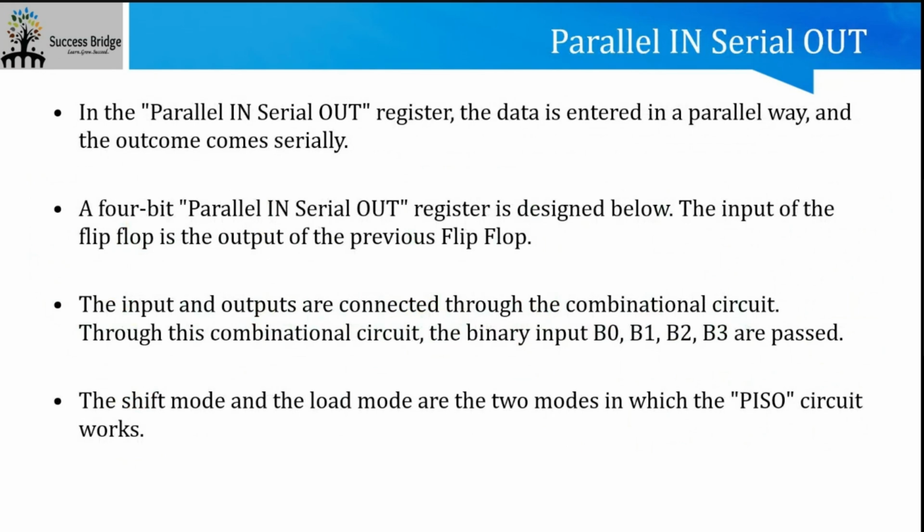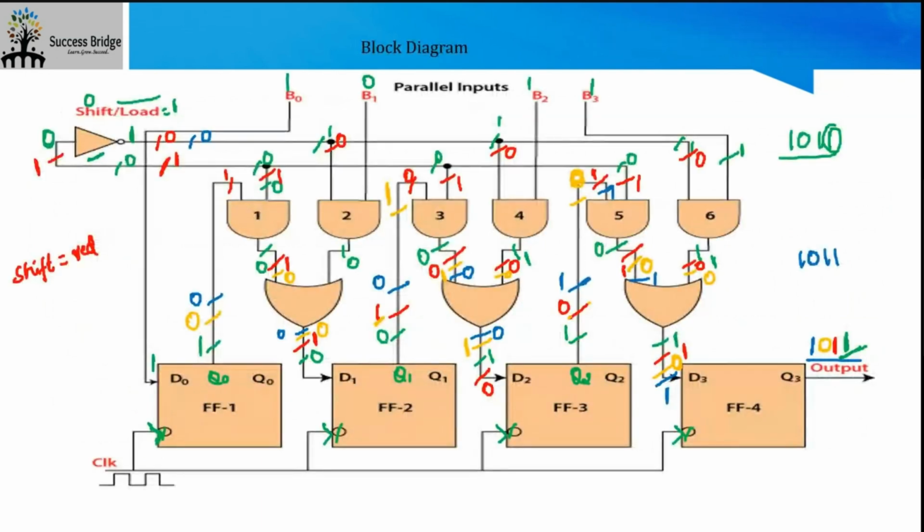Then the other thing is parallel in, serial out. Let's see how parallel in, serial out works. You can take the value from a combinational logic circuit as parallel input.